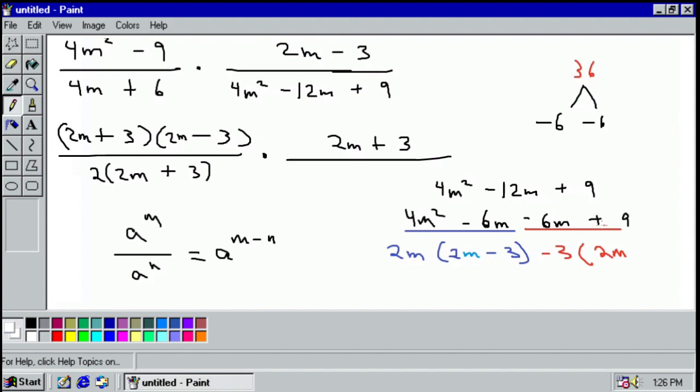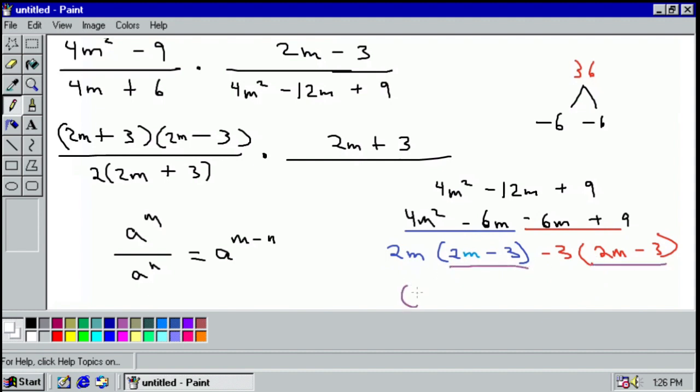So plus 9 divided by negative 3 is negative 3. So if you see both of these factors are the same, you're on the right track. So we're gonna copy that.